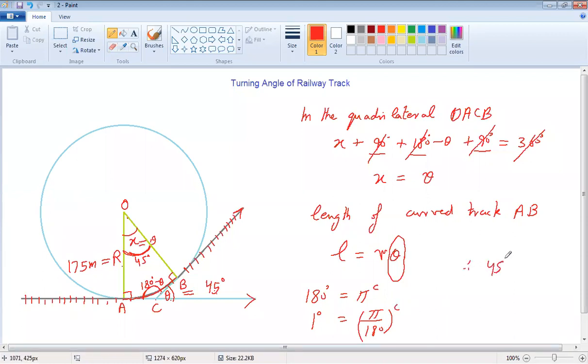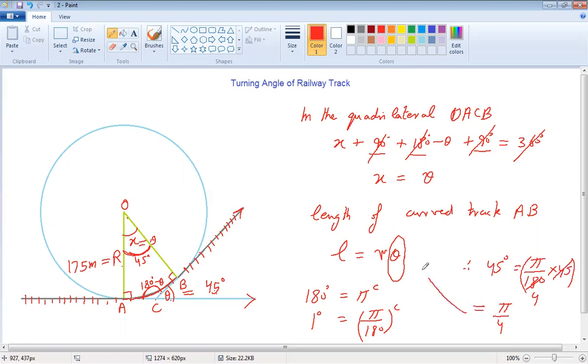Therefore 45 degree is how much? Pi divided by 180 multiplied by 45 radian. Even if I don't write C, it stands for radian as I told in the morning class. So this is equal to pi by 4 radian.